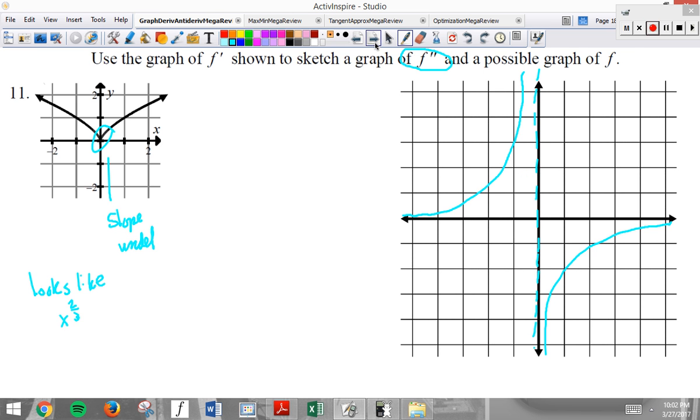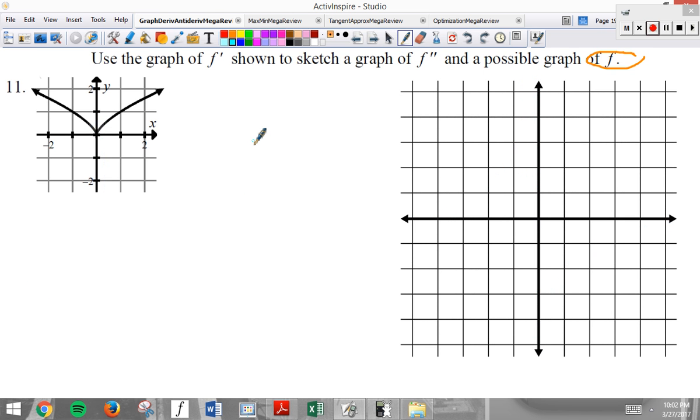F prime has a nice algorithm. Here I go for F prime. X-intercept, right there, guys. We said squares for x-intercepts. Arrows. F prime is positive. F prime is still positive.